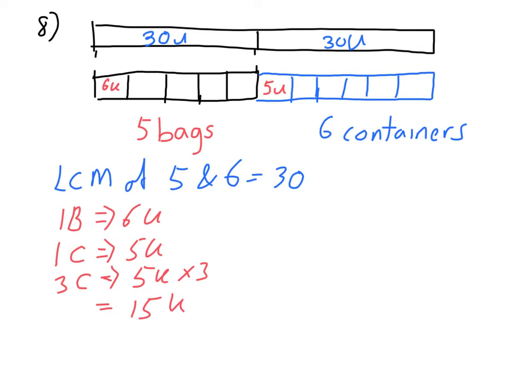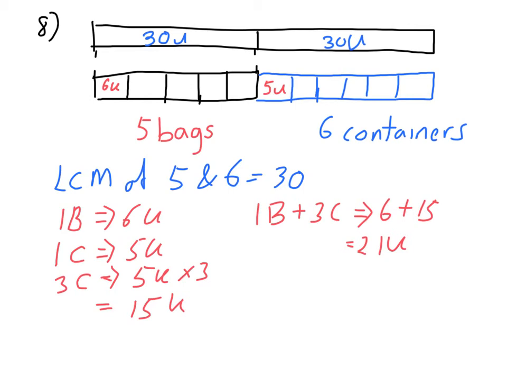Can see? Okay, Shalin, there. So one bag plus 3 containers equals to how many units? 6 units plus 15, so will be 21 units. You all see?